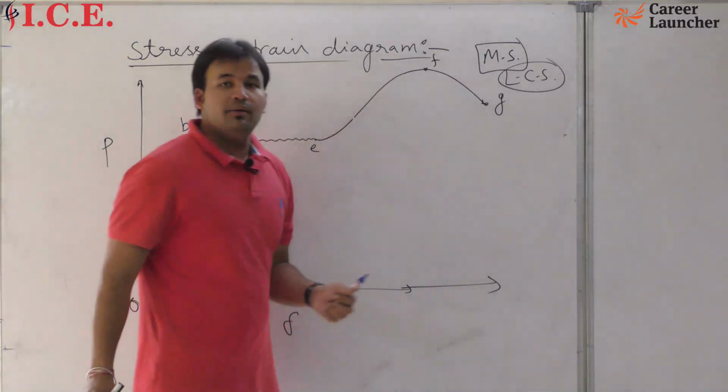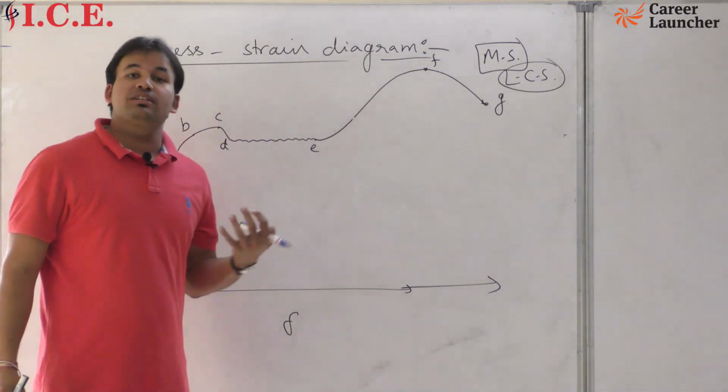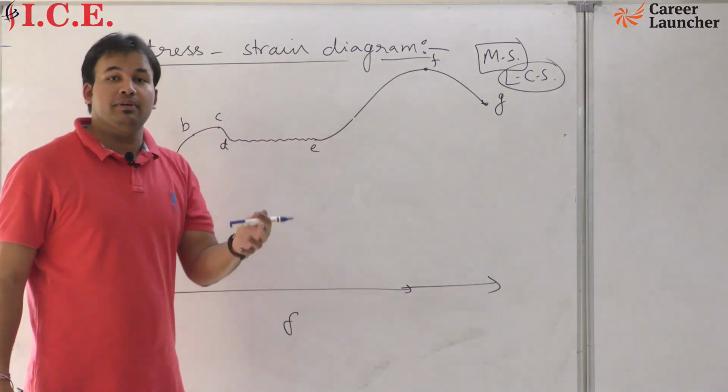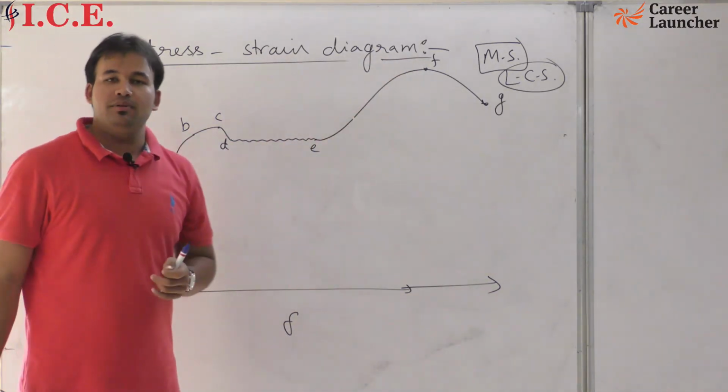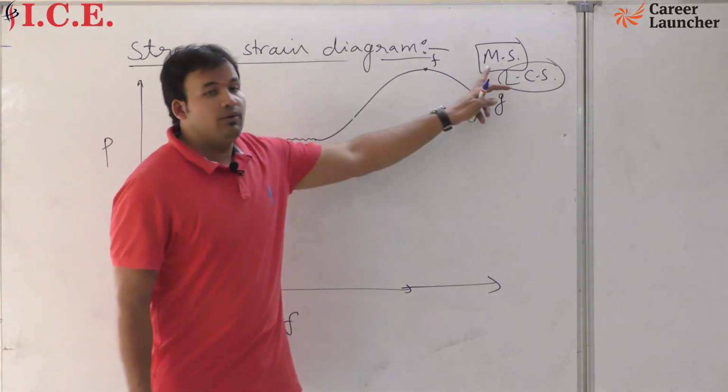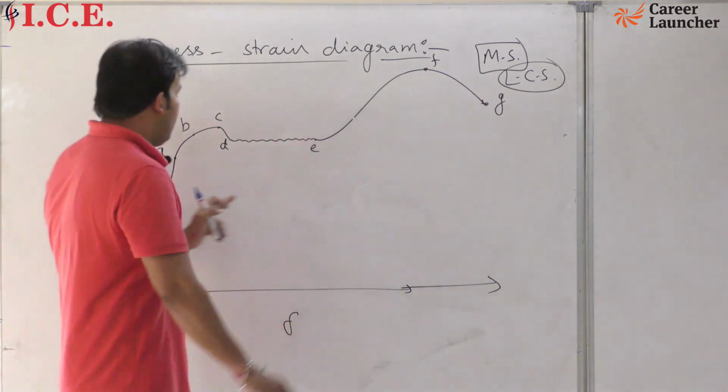Now the question is: why do we always take mild steel as the specimen? Because for mild steel only you will have all these points.